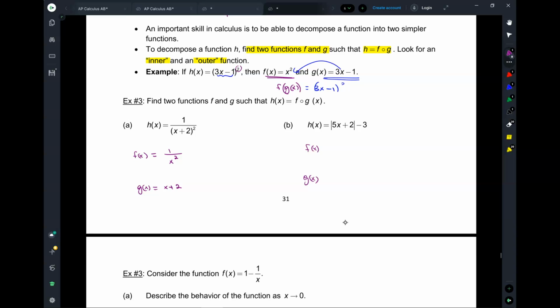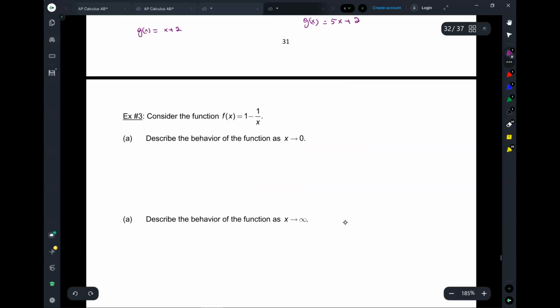Oh, so the absolute value of x minus 3. Because what is it that you've got here? You've got some absolute value minus 3. You want to write a template into which you can insert another function. So what would g of x be then? 5x plus 2. Wait, so do you not need the... Oh, wait, no, you don't. Okay.